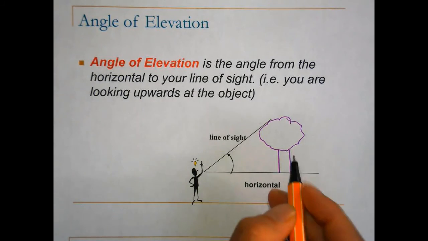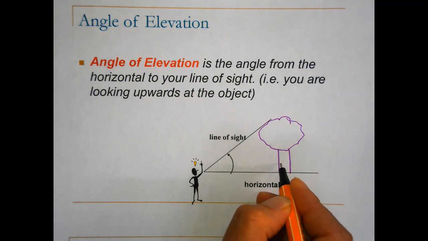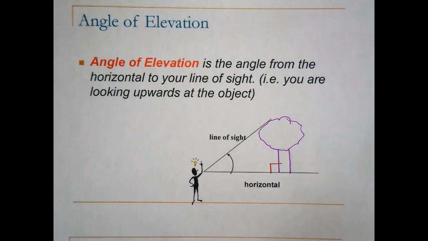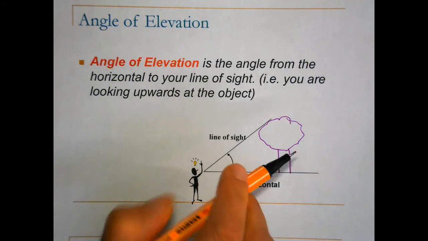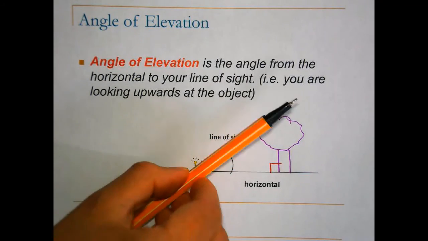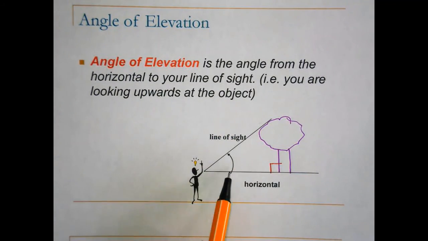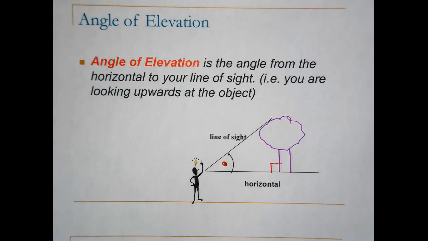And please understand that all standing tall objects are always perpendicular, like they make a right angle with the horizon. This angle, when you are looking up to look at the top of a tall object, is called the angle of elevation. So this is considered the angle of elevation.